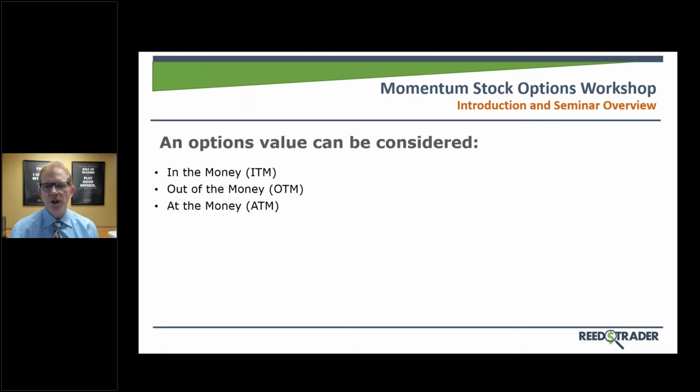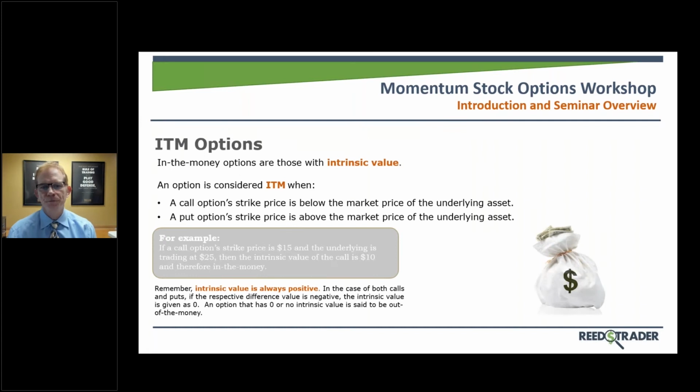When we look at an option, it can be considered to be in the money, at the money, or out of the money. So you'll see ITM for in the money, OTM for out of the money, ATM for at the money. In the money options are those that have intrinsic value. An option is considered in the money when an option strike price is below the market price of the underlying asset.